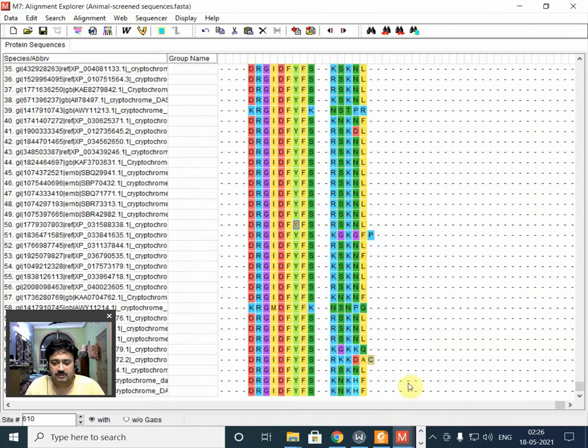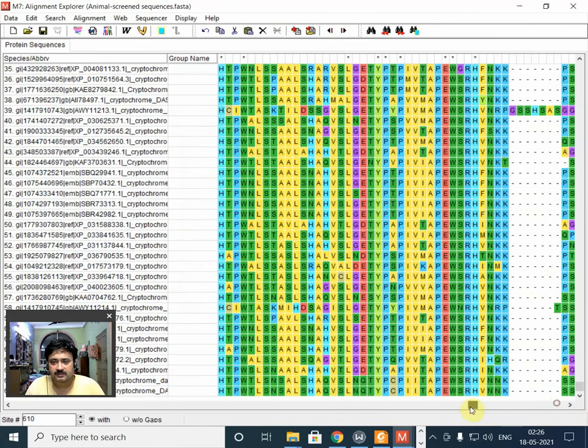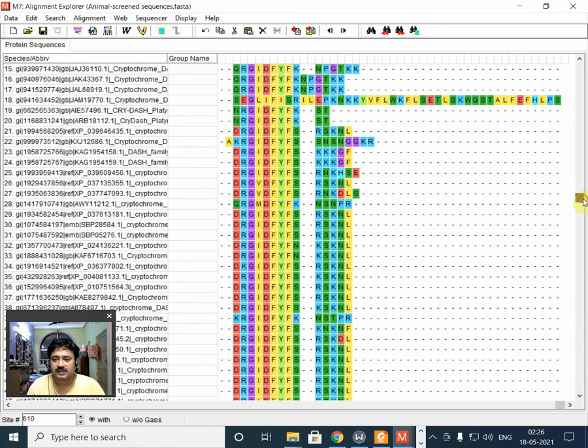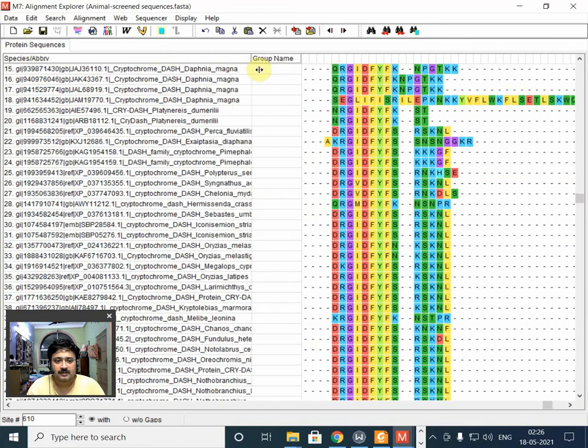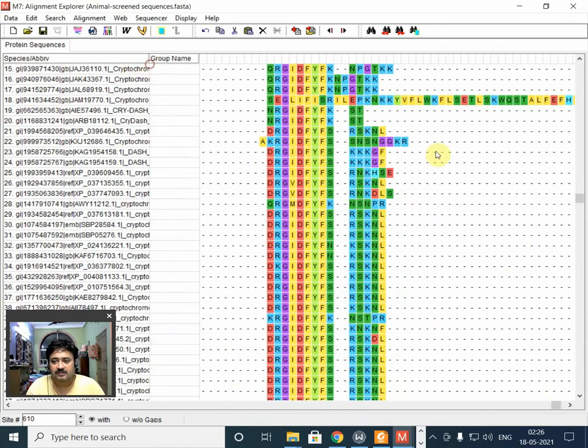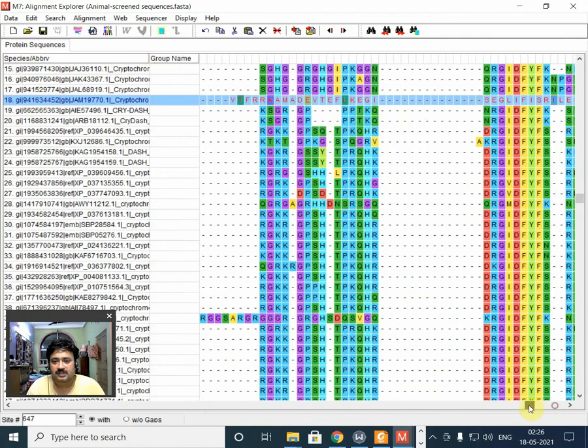Okay, the alignment has been done. Now let's see the end of it. At the end, this particular species again, Daphnia magna, has got a huge amount of sequences. Number 18. Let's see how the 18 looks like.